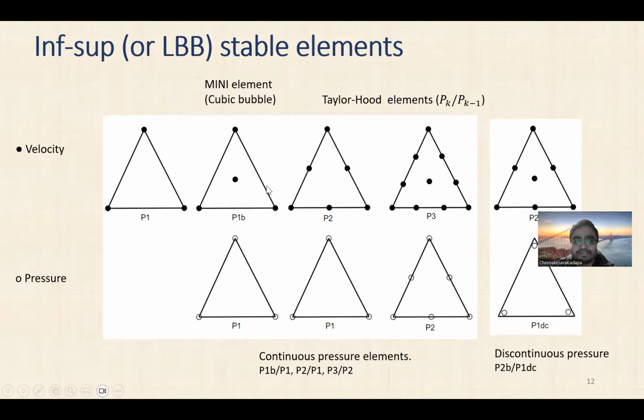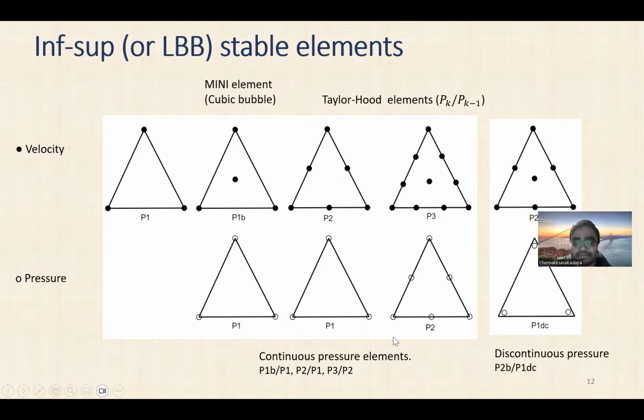We use this for the velocity space and a 3-node element for the pressure space, so P1B, P1. In Taylor-Hood elements we have Pk, Pk minus 1, that is a 6-noded element for velocity and a 3-noded element for pressure. Basically the pressure space should be one order lower than the velocity space.